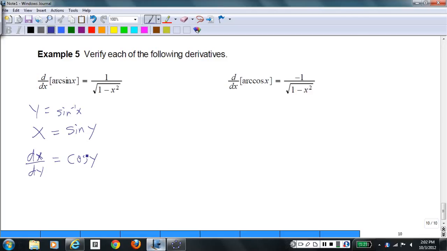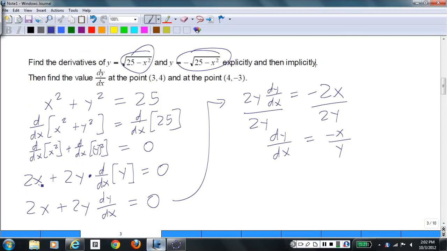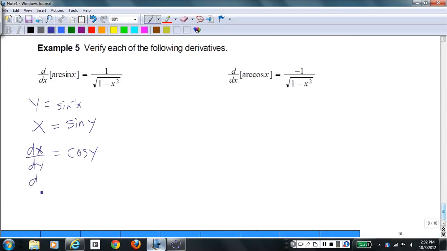And because we're differentiating with respect to y, that variable matches the variable in the argument. We don't have to multiply by d anything. It's just cosine y. But if I want dy/dx, it's the reciprocal of this. dy/dx is 1 over cosine y.